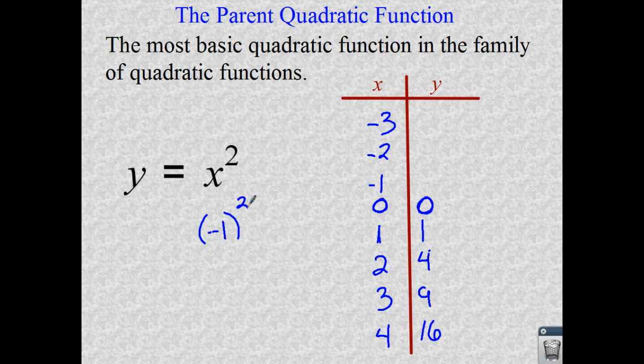So that's -1 times -1 gets us a +1. Then we have +4. -3 times -3 is +9. -4 again would be +16. So just imagine that that's in there, because I think on the next page I've graphed all the way from -4 to +4.